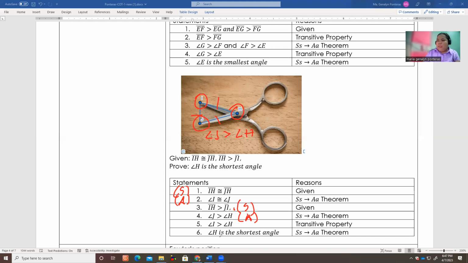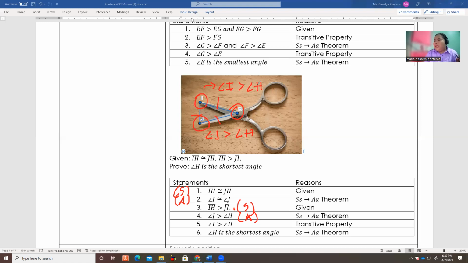So, from that perspective, we can say here, angle I is also greater than angle H. Bakit? Kasi nga si I at si J, congruent sila.